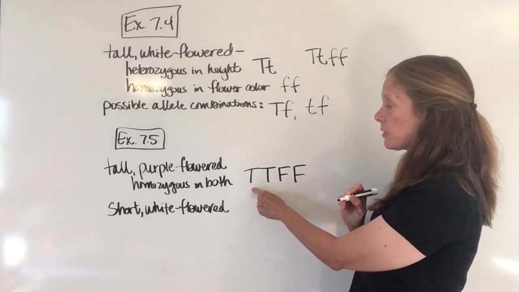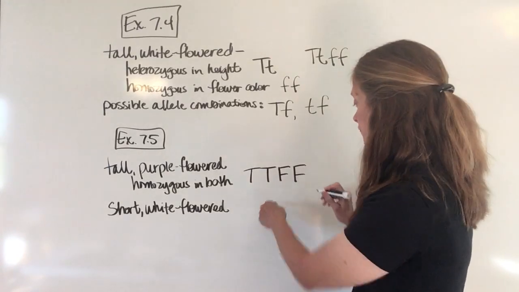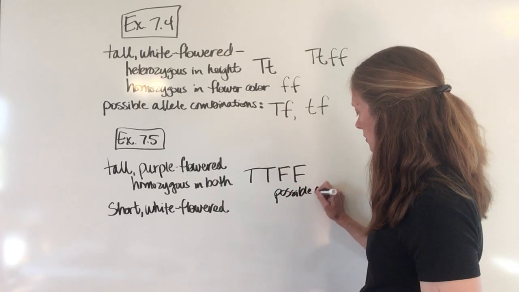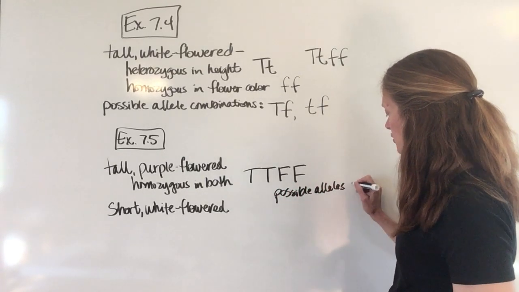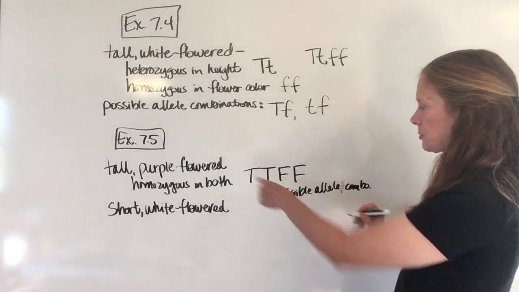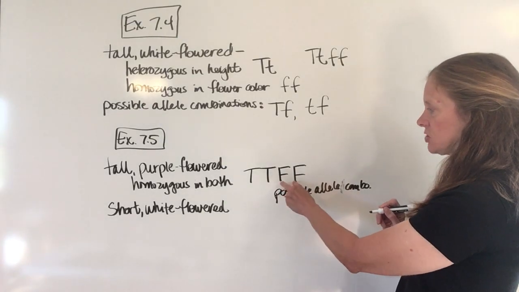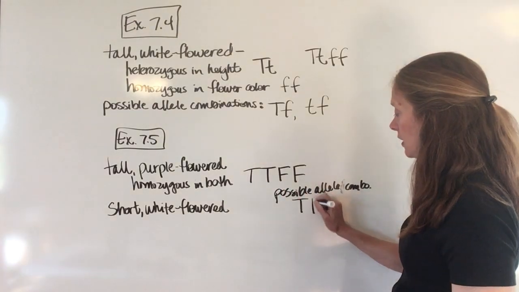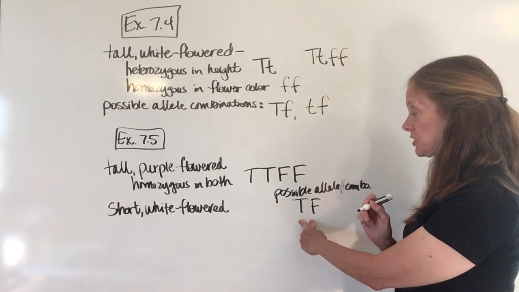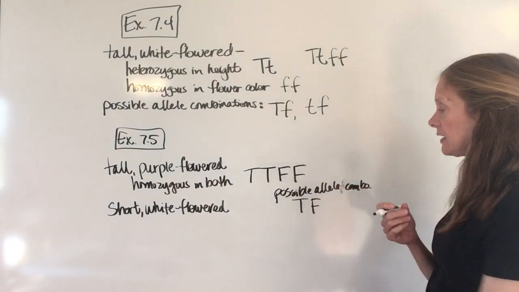Well, for a tall plant, the only thing it can give is a capital T. And so its possible allele combinations, for the first plant, it's got to give a capital T, and it also has to give a capital F, so that's the only combination that it can possibly give, a capital T and a capital F. There's no other combination there. Nothing else that it can possibly give.